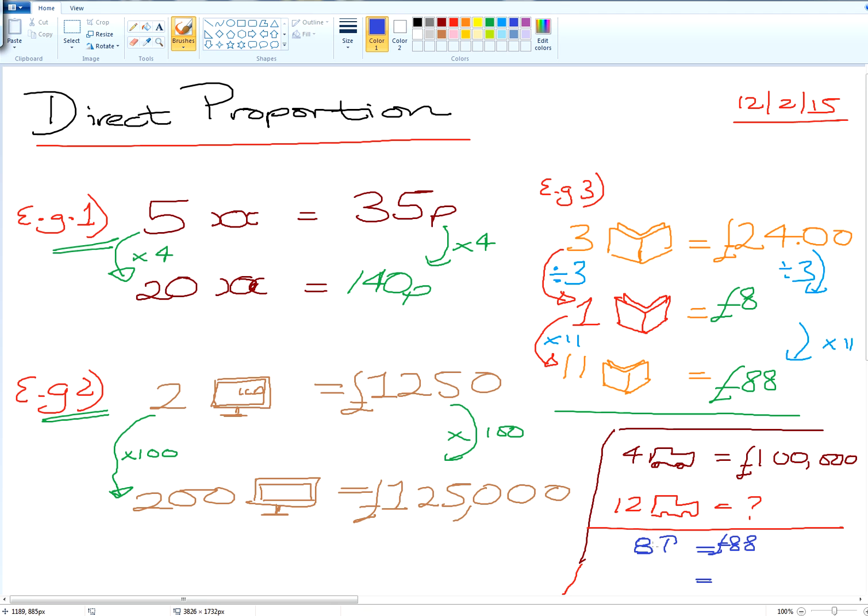No, that says 8 umbrellas. 8, and that's an umbrella, not a T. Then I would like you to work out the cost for me, and I need to see the full working out of 11 umbrellas. I need to see the full working out.